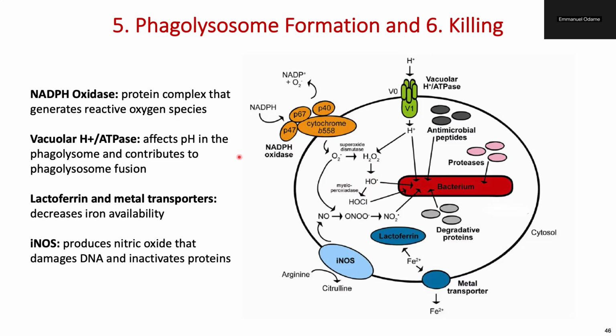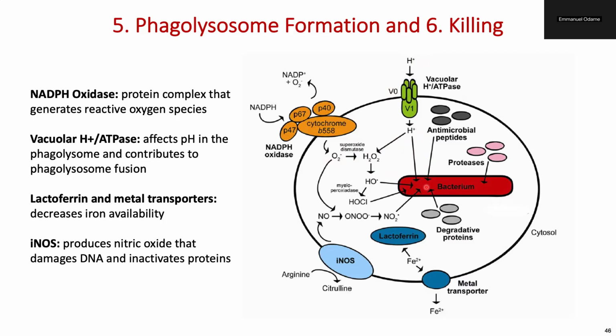The second mechanism is the vacuolar hydrogen ATPases. They affect the pH in the phagolysosome and contribute to phagosome fusion. As you can see here, hydrogen ions are pumped from outside the phagosome into the phagosome itself, changing the pH and making it more acidic. The hydrogen ion will also mix with oxygen and contribute to superoxide formation, both of which lead to the destruction of the bacterial cell wall.